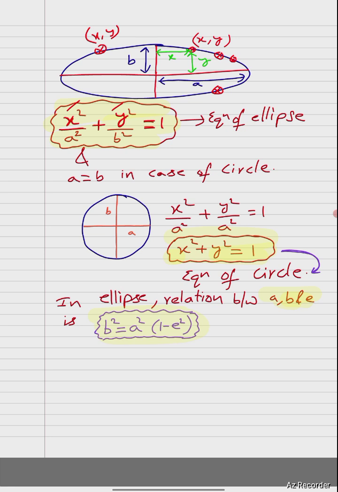You take any point on the ellipse and substitute those x, y values, and the a value and b value, then this equation always gives you 1. So this is the standard equation of ellipse.